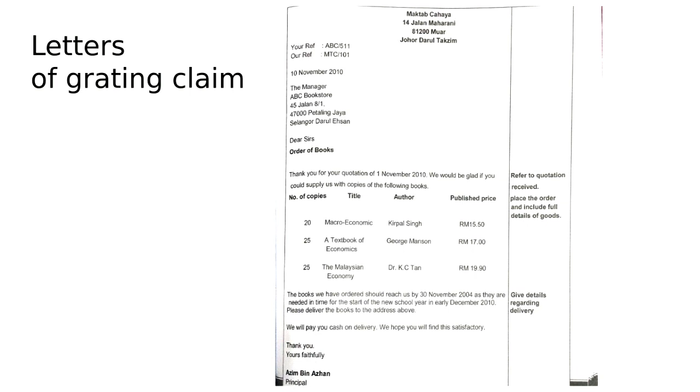So letter of granting claim actually, you have a reference to letter of complaint, apology for mistake and explanation of how the mistake took place. Expression of hope for good business relationship. So maksudnya you are trying to granting the claim. Jadi you okay dengan complaint tu.